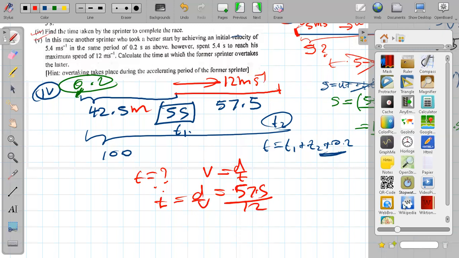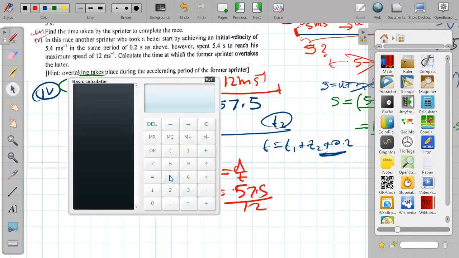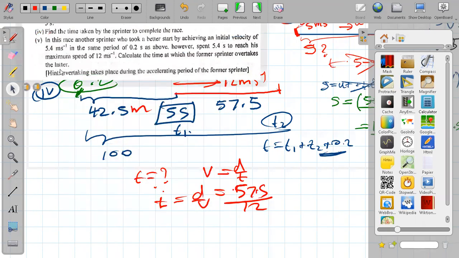It's about 4.8, I will only take 4.8 seconds.